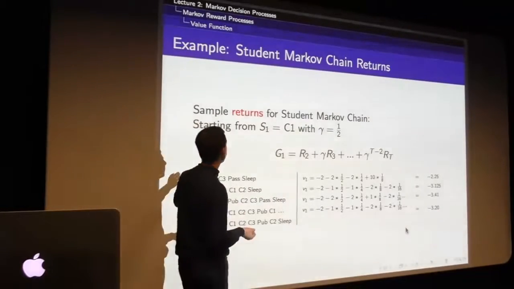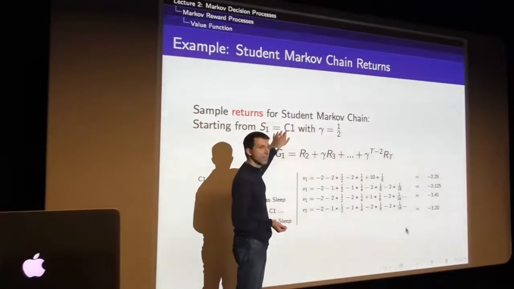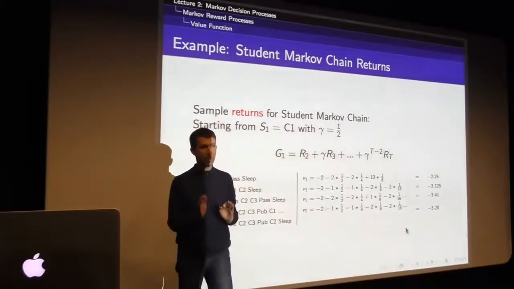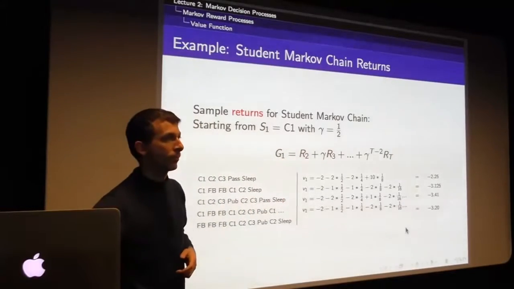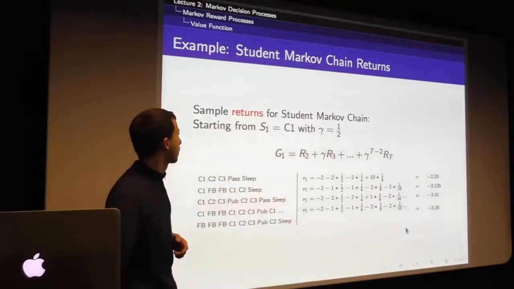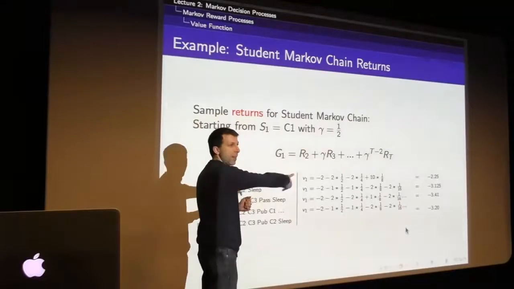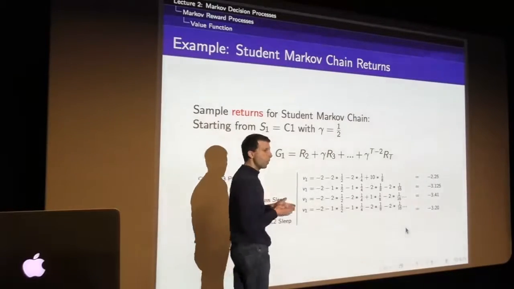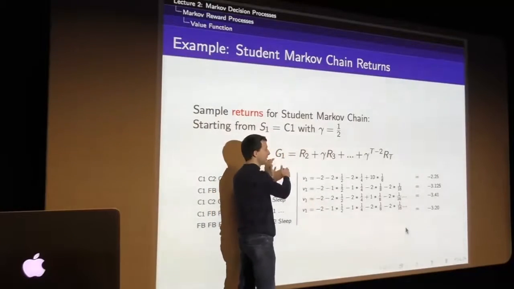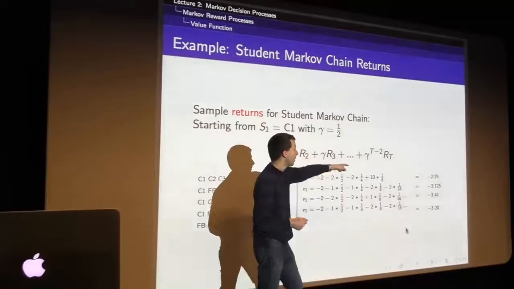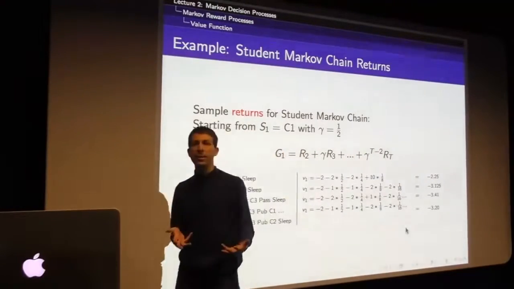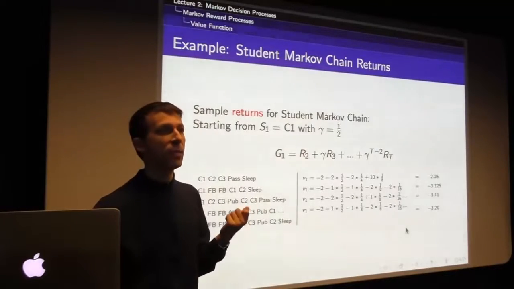We are also starting from S1 equals C1 in this case, but the subscripts are time steps. And they're observed. The point is there are no expectations here, because we've observed these sequences. These are observed samples of our random process. If we want to ask about the value function, we're asking what's the expected return, what's the expected number that's going to pop out at the end. What's the average of these numbers? That's how good it is to be in the first state of the student Markov chain.